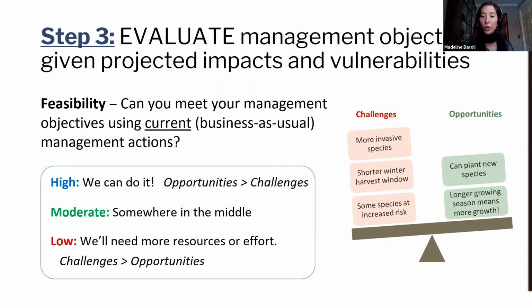And then a moderate score will be if some challenges to meeting management objectives have been identified, but you think they can probably be overcome by using existing or planned management options. And for a low feasibility rating, that's what you'll put down if you think that there's really not sufficient options for overcoming the challenges to meeting that objective, and that you might want to potentially reconsider it.